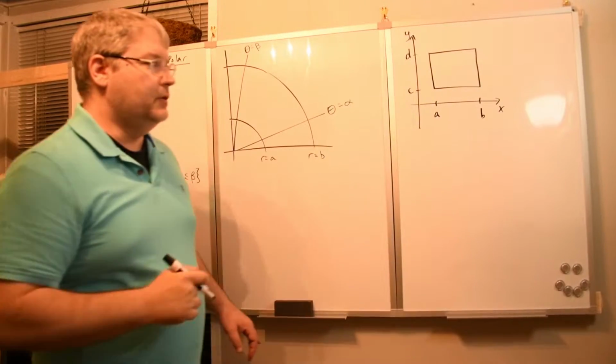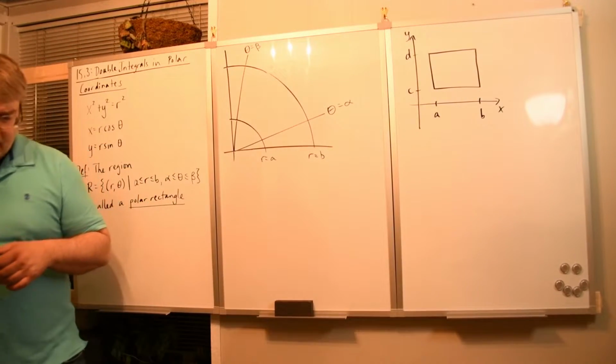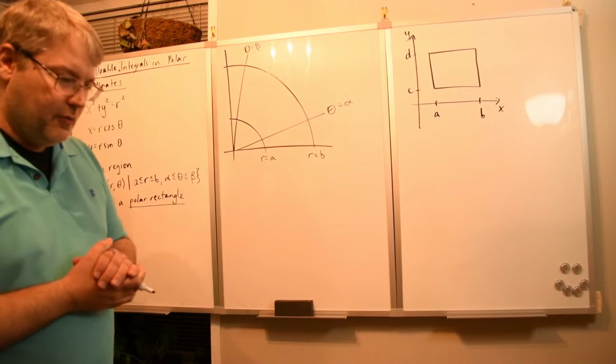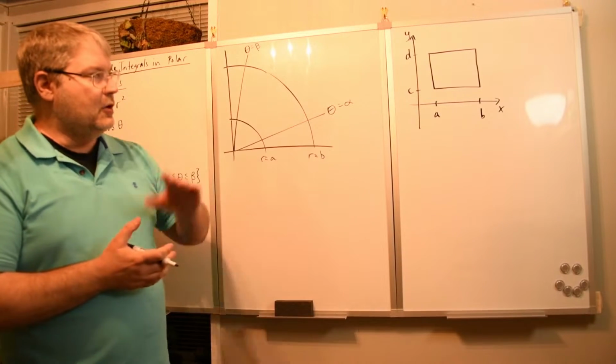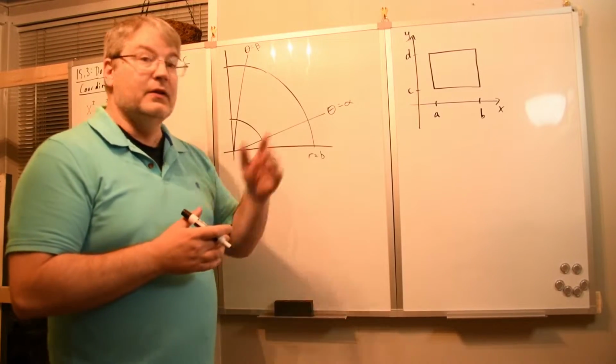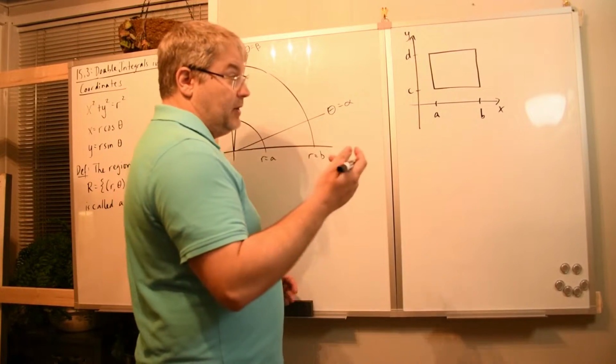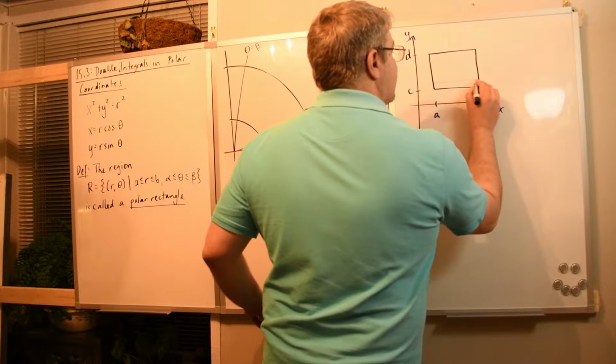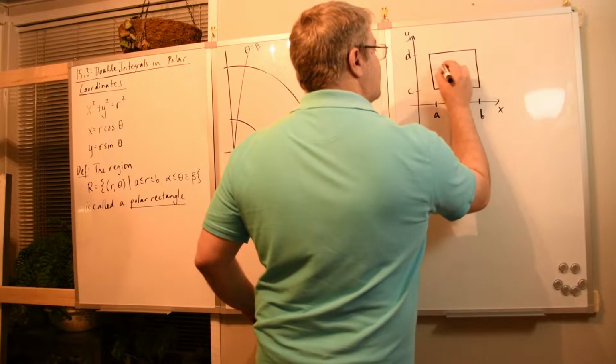And then what we want to do, let's say, to try to figure out an estimate for an integral of some function f over this rectangular region, we might start thinking about, well, we could partition this rectangular region into subrectangles. So maybe we have a picture that looks kind of like this.